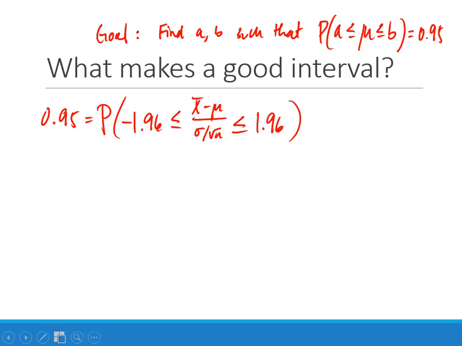If I'm between negative 1.96 and positive 1.96, that captures 95% of the area for my z variable here in the middle.